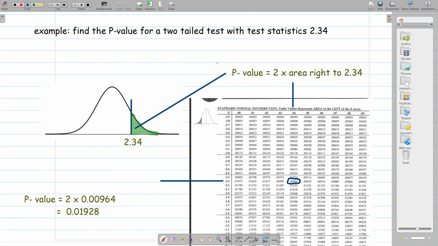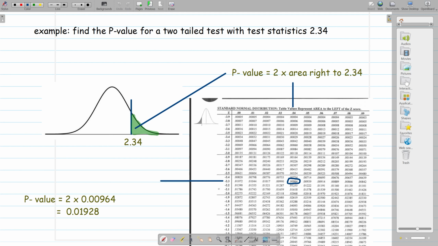Next case is how to find the p-value for a two-tailed test with test statistic 2.34. Then you should find the area right to 2.34 and double it. In order to find that right side area belonging to 2.34, you can use the symmetric property. So it is fine if you find the area left to minus 2.34. I taught these things in my previous videos.